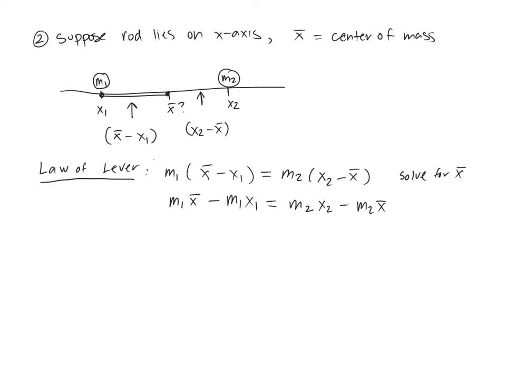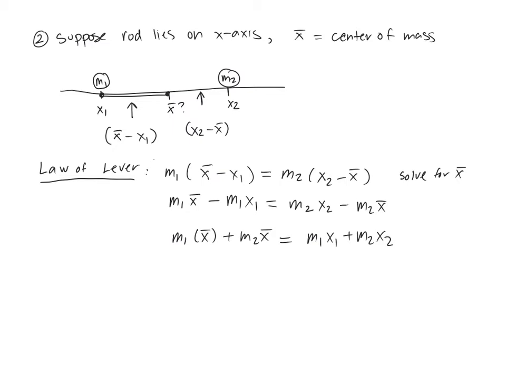Okay, and if you're solving for x bar, get the x bars on the same side and the non-x bars on the same side. So we put the x bar things on the left. What things have x bar? m1 x bar plus m2 x bar is equal to m1 x1 plus m2 x2, right?